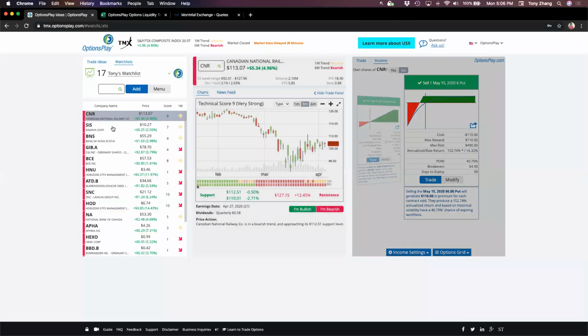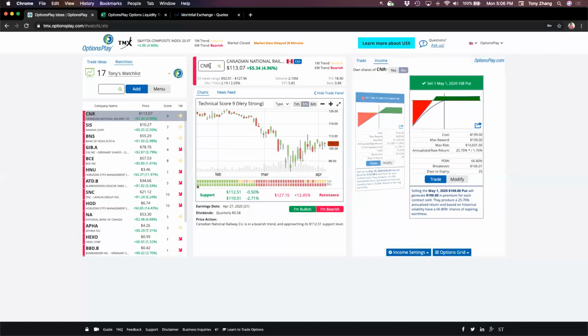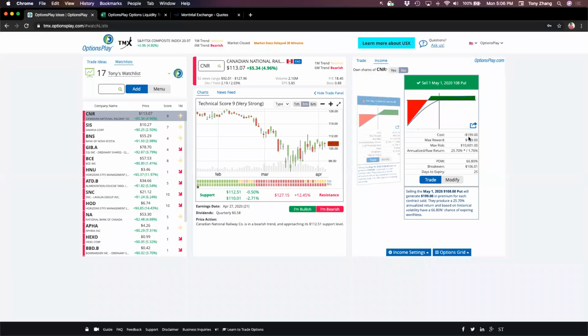But on a stock that you might want to hold long term, like maybe Canadian National Railway, which is trading at 113, you can sell a 108 put, collect $199 income on that, which is a 1.76% discount factor, allowing you to buy the stock at $108 instead of $113. So these are the types of discount factors that you can expect to see by selling put options.